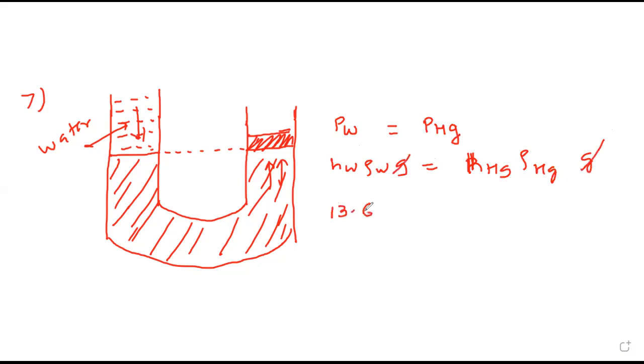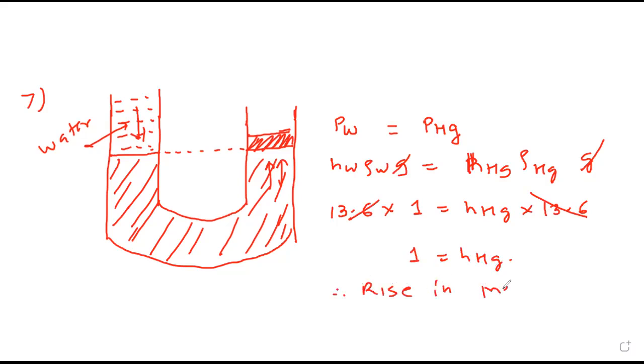This is 13.6, water density 1, height of mercury we want, density of mercury 13.6 in CGS. This will get cancelled. So 1 equals to height of mercury, therefore rise in mercury level equals to 1 centimeter. I hope you follow the concept properly.